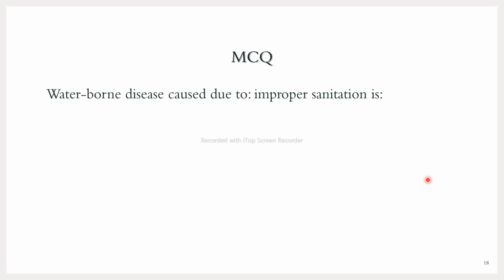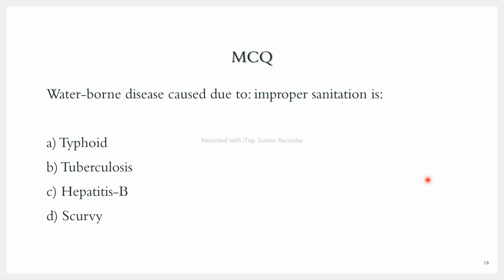That is single choice. Waterborne disease caused due to improper sanitation is option A typhoid, option B tuberculosis, option C hepatitis B, option D scurvy.